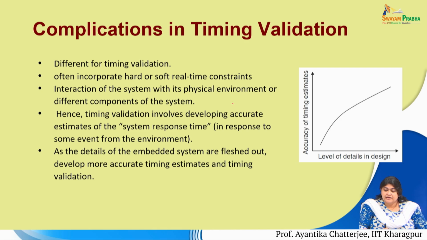In timing validation also there are different submodules and their communication, and that should get reflected in the timing part. They often incorporate hard or soft real time constraints, which we have already discussed. We know the meaning of these terms, hard and soft real time constraints.